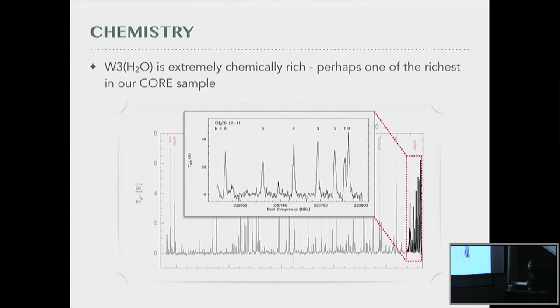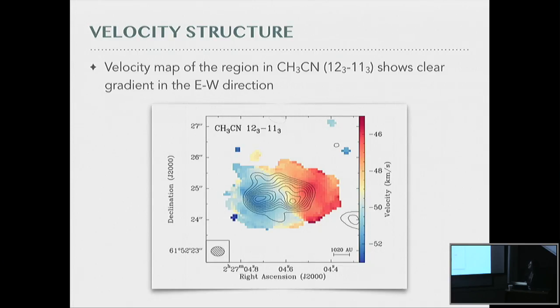And what I will show you is, again, the moment map for methylcyanide K code 3, because it's the least blended line. And that looks something like this, where we see a clear velocity gradient in the east-west direction. Here in the contours, you see again the dust continuum. And what's misleading is that the clear velocity gradient at first sight might make you think that this is a disk, but clearly you can see that the clump has actually fragmented into multiple objects.